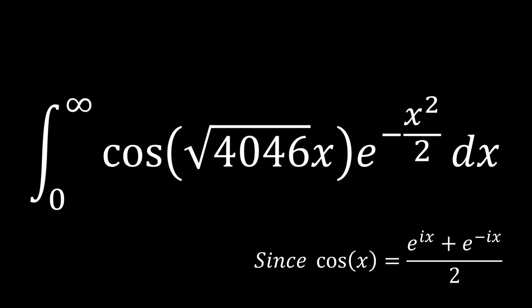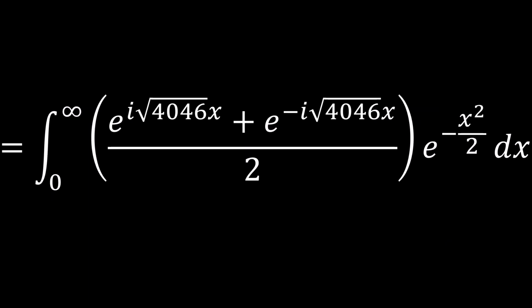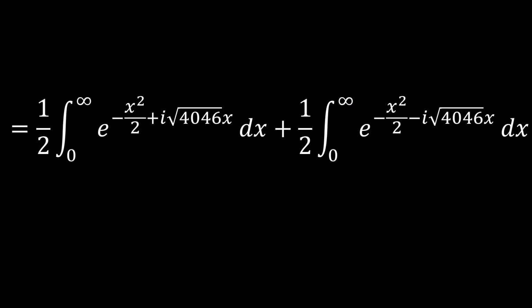If we plug that into our integral, this is what we get. One may want to pull this half out as a constant, and we could also separate this into two separate integrals. Now we've multiplied e to the power negative x squared over 2 across.